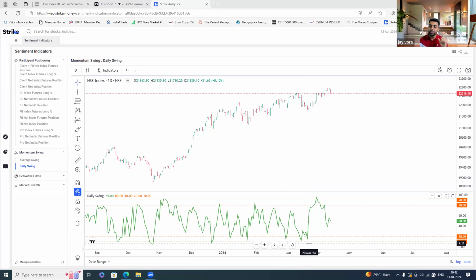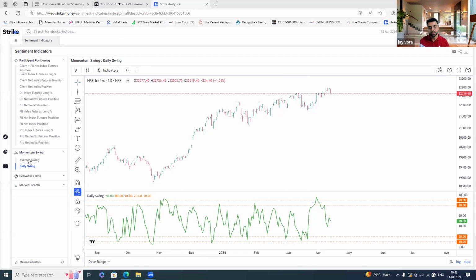So if you are an option trader and you have a view that mandi hoga, but it reaches the level jahan pe 20 या 10 आ जाता है, you have to be careful, because next 2-3 days एक sideways consolidation भी हो सकता है, which can lead to your premium erosion. So I found this very helpful, especially for the people who are trading in the weekly options or so. They may find it extremely helpful.